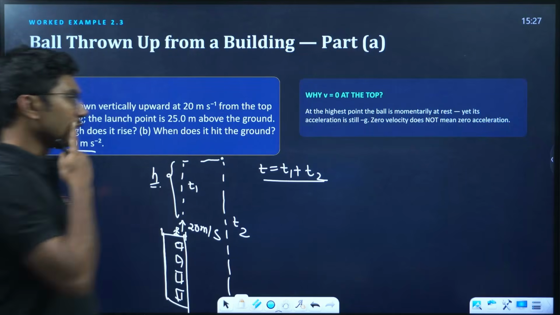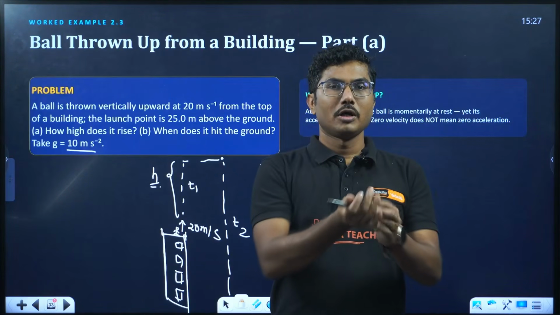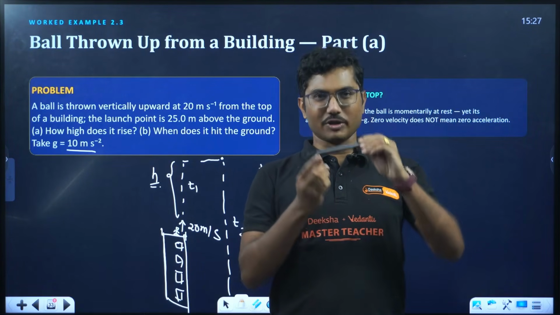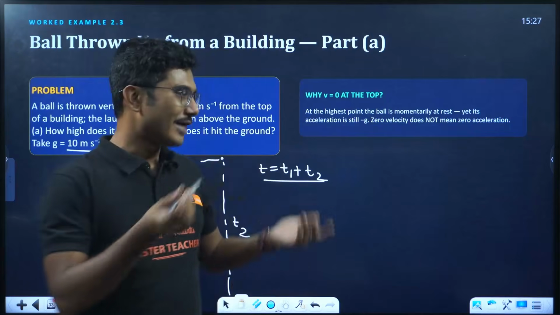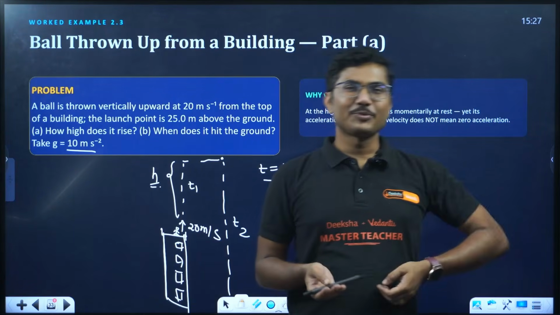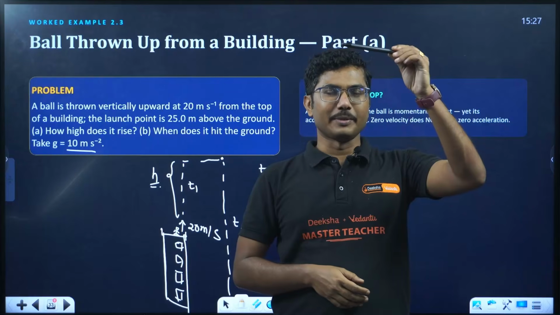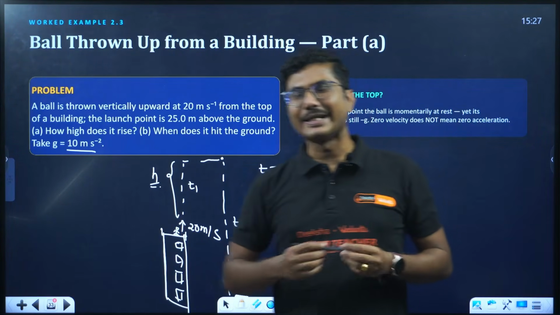So when you throw a ball, what happens? Suppose this is a ball. This is actually a pen, but for now assume this is the ball. When I am throwing it upward, for a moment it stops, then it starts to fall. Why is it happening?